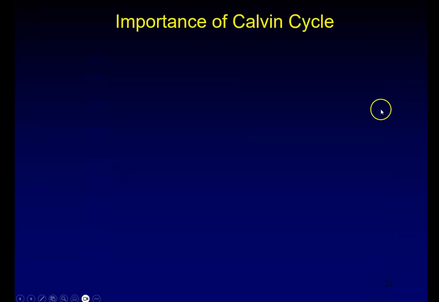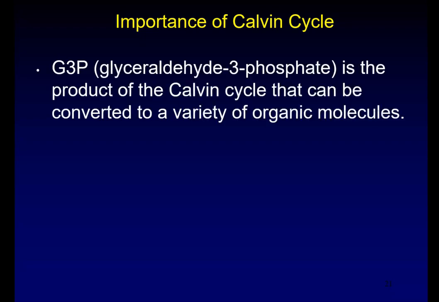Again, the importance of the Calvin cycle is that G3P or PGAL is the product that can be converted to a variety of organic molecules.